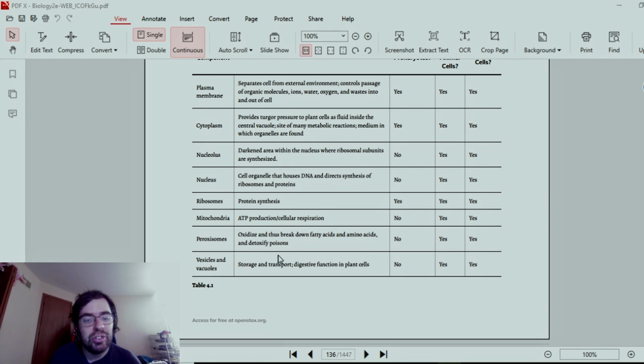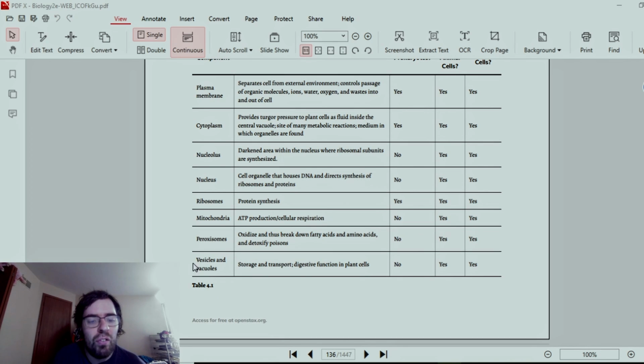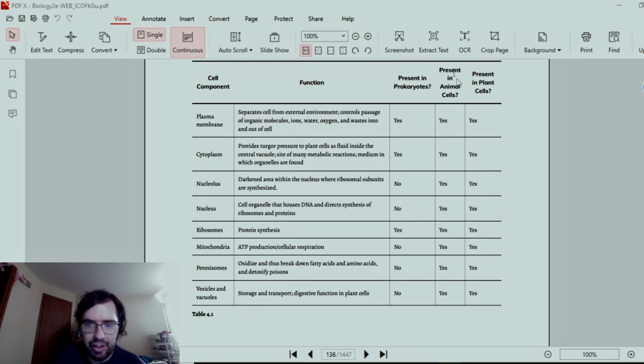Peroxisomes oxidize and thus break down fatty acids and amino acids. Again, prokaryotes do not have them because they allow things to pass through easily, but animal cells and plant cells do. Vesicles and vacuoles, again, same thing here. No, they don't have any organelle structures.